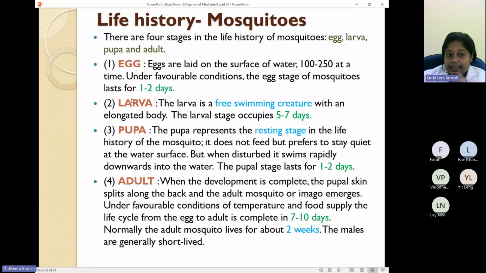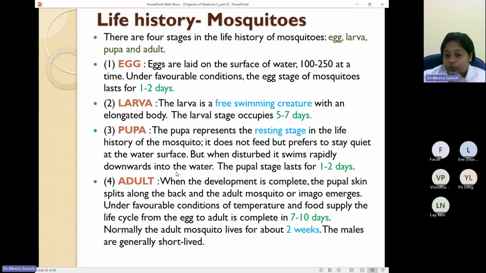After 1 to 2 days, the egg will hatch out to the larval stage, which is a free swimming creature with an elongated body. That stage lasts about 5 to 7 days. Then it goes towards the pupal stage, which is the resting stage of the mosquito. It does not feed at that time, but prefers to stay quiet at the water surface.